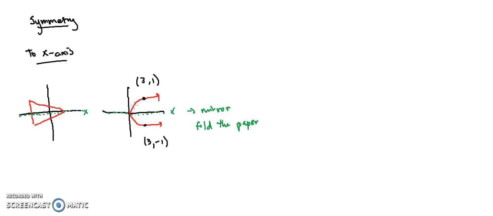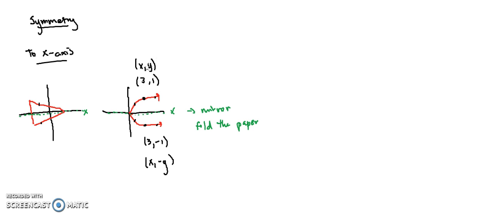If you look, any point that you pick on here, its reflection is going to be across the x-axis. If we pick a point here, the reflection is going to be across the x-axis, and the same thing over here. Any point we pick, the reflection is going to be on the other side. So in general, if we pick any point (x, y), we have to know that its reflection, (x, -y), is also on the graph.